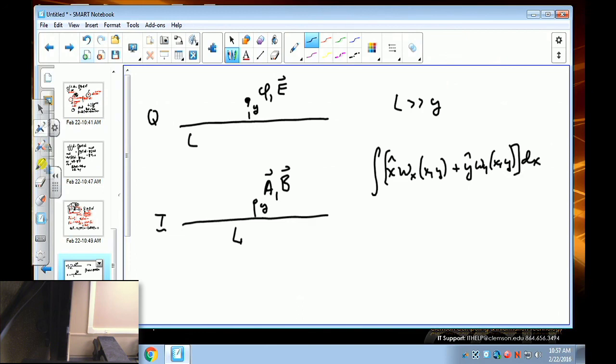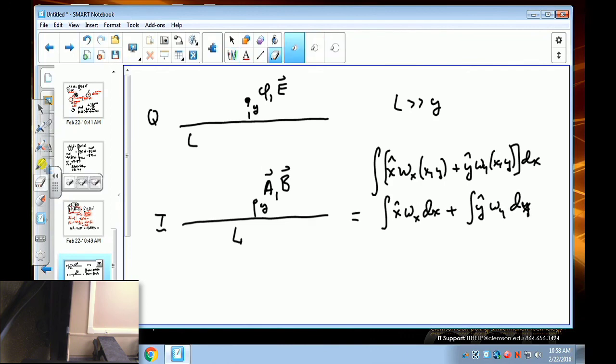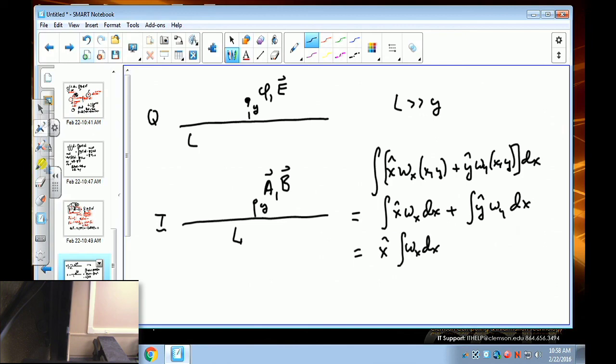remember, the integral is a sum. And so I can transpose the order. I can do this integral in pieces like this. Oops, that's dx here. And again, the integral is a sum. x hat is a constant direction. It's a common term in the sum, so I can pull it outside of the sum. And this is the simplicity of the Cartesian coordinate system.